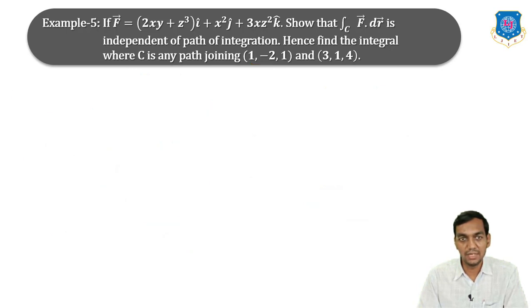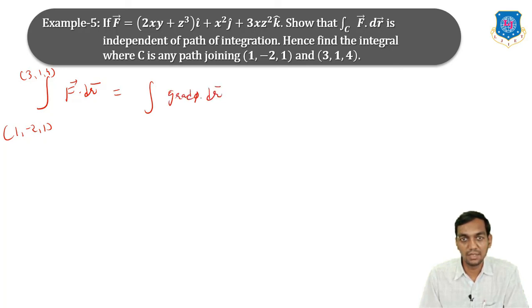Now you have to find out the integration of f dot dr from the point 1, minus 2, 1 to 3, 1, 4. Correct? But you have f bar is equal to grad phi dot dr, and from 1, minus 2, 1 to 3, 1, 4.